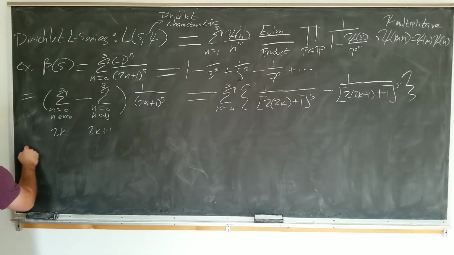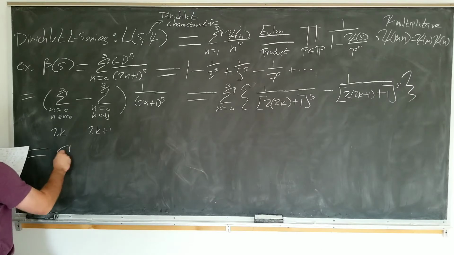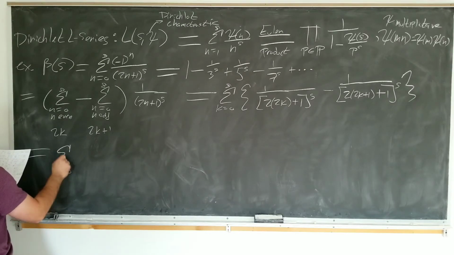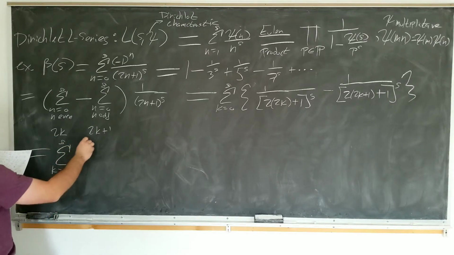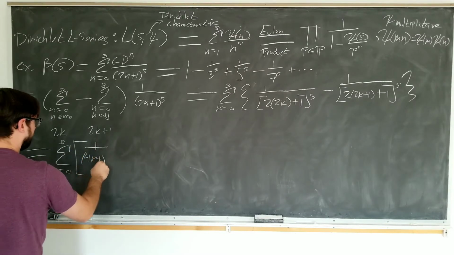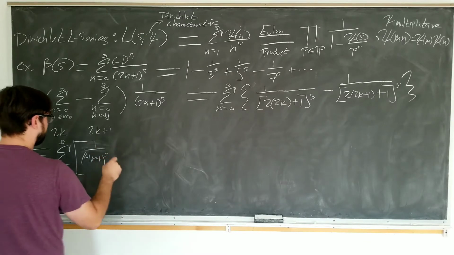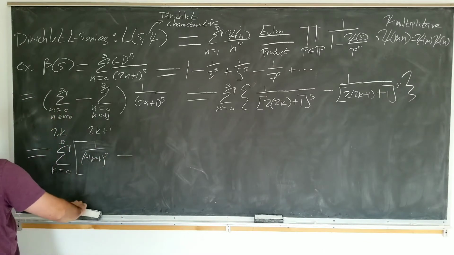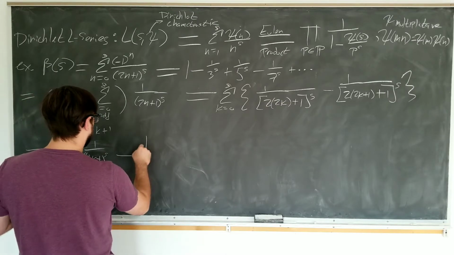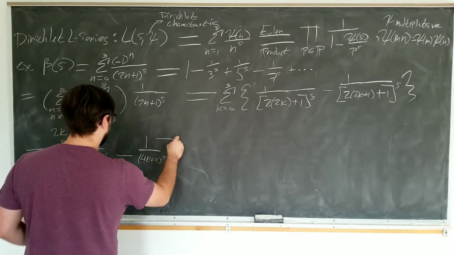We just recognize it as being equal to the sum k equals 0 to infinity of 1 over (4k plus 1) to the s power minus 1 over (4k plus 3) to the s power.